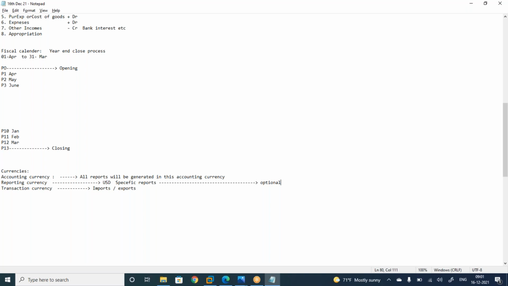In case of Europe, they use euro as the currency, but individual countries have their own currencies, right? Even though they transact mostly in euro, they will be reporting in their individual company currencies.